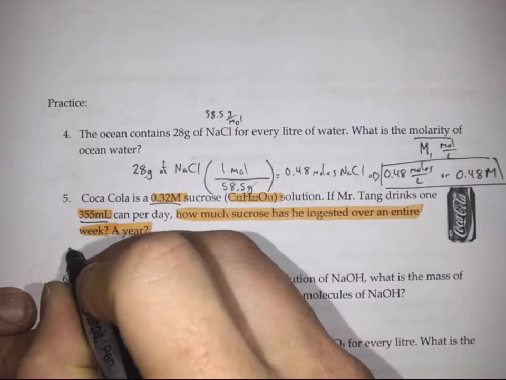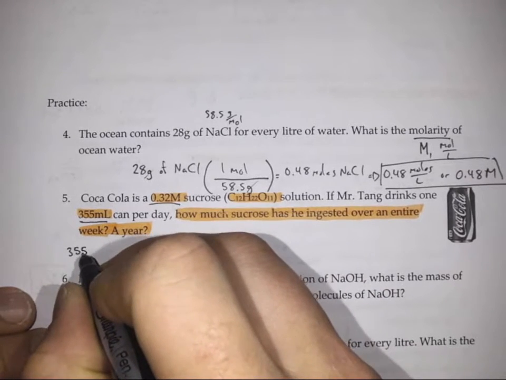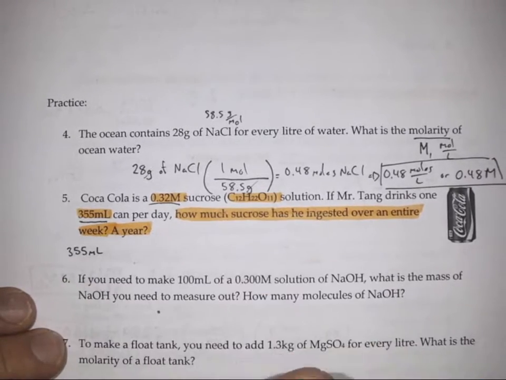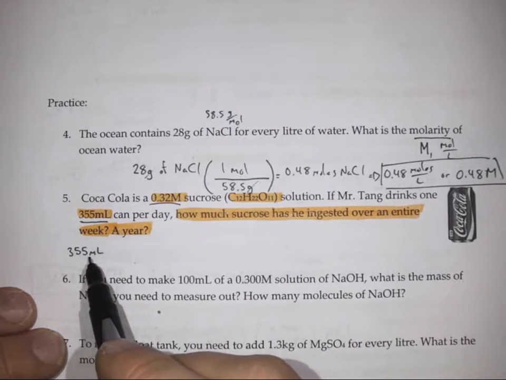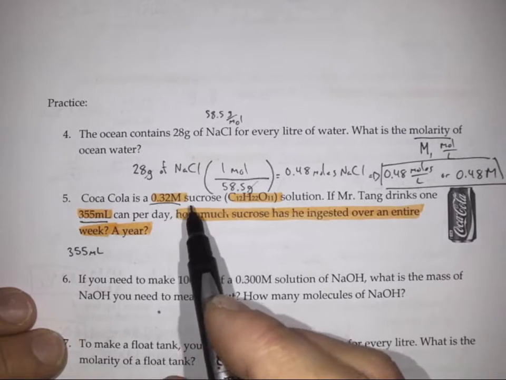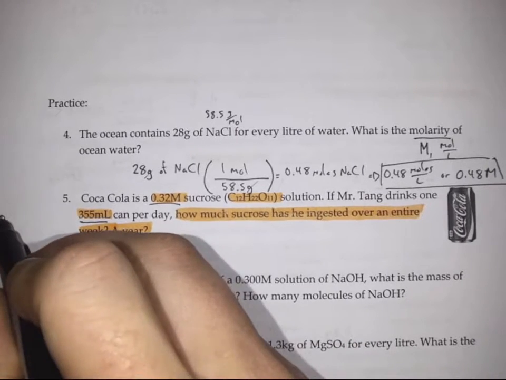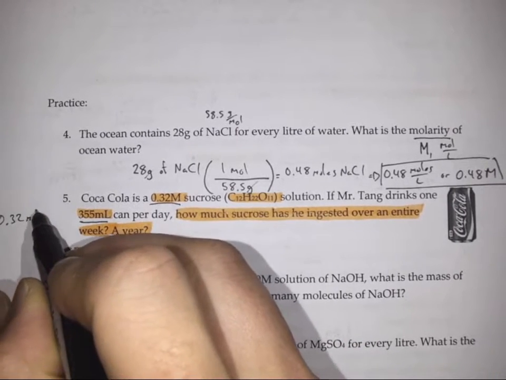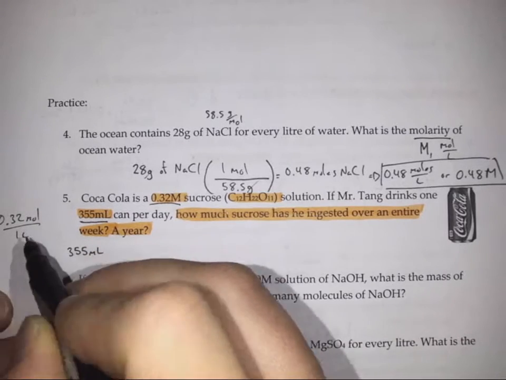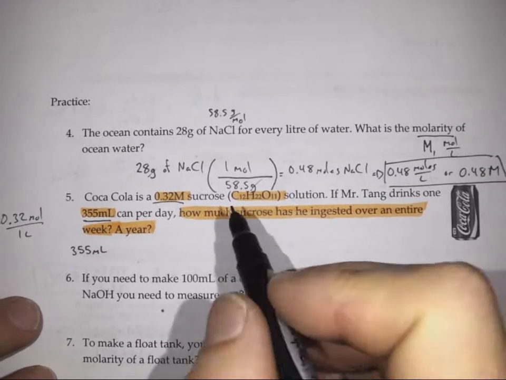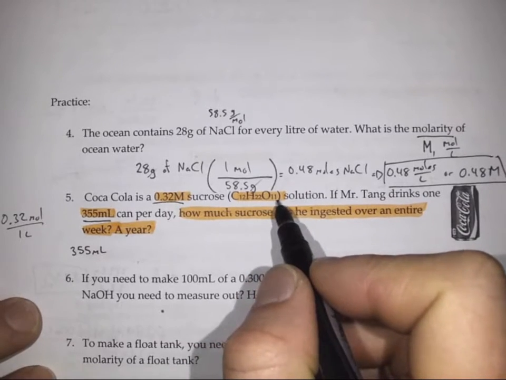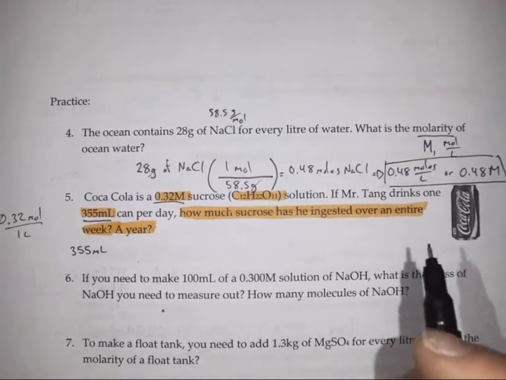So we should probably start with that volume. And then we'll see what we can do with it. Okay, so we have a volume. We also have the concentration of that, 0.32 moles for every 1 liter. That's moles per liter. I'll just write that on the side. And we also have a substance with a molar mass.